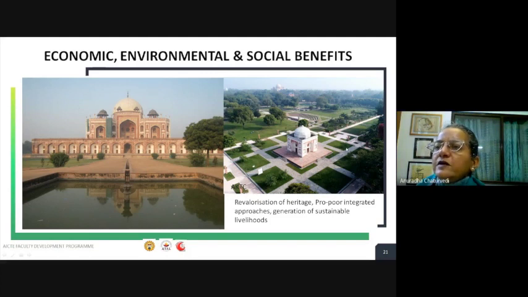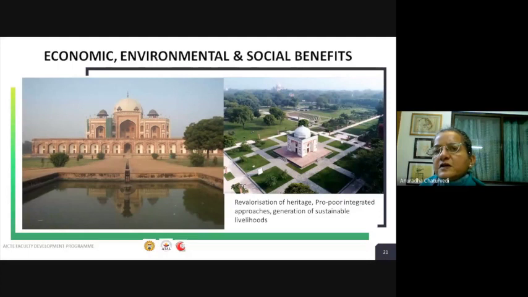Pro-poor integrated approaches for heritage management were utilized, and there was generation of sustainable livelihoods based on revival of crafts. Crafts such as preparation of glazed tiles were revived, and capacity was built, and the skills of traditional stone carvers were improved through this project.